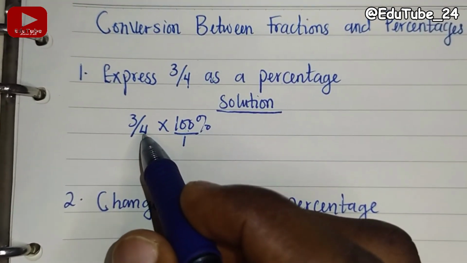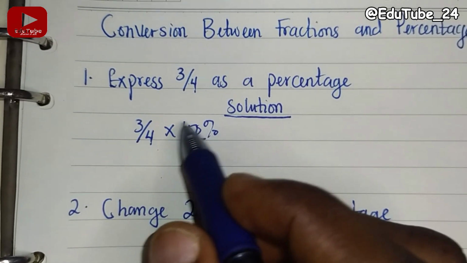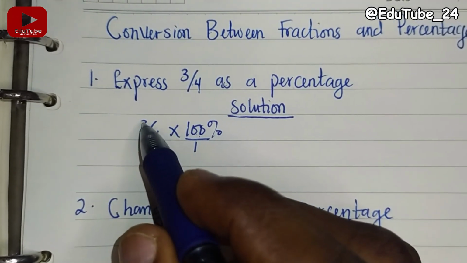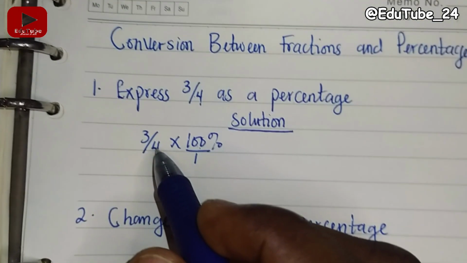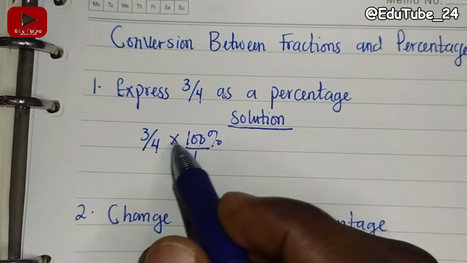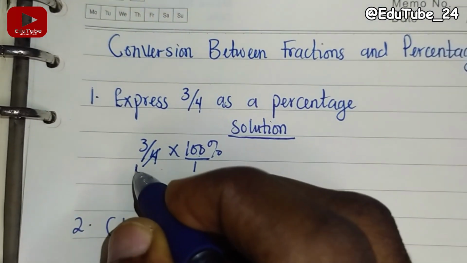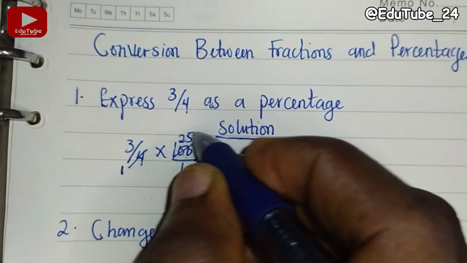Since this is a fraction, we are going to look for what can divide diagonally in the numerator and denominator, or vertically. Obviously, 3 and 4 cannot divide each other. However, 4 and 100 have a common factor, which is 4 itself. So 4 in 4 gives me 1, and 4 in 100 gives me 25.